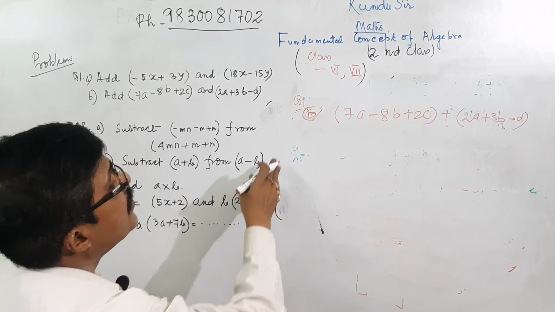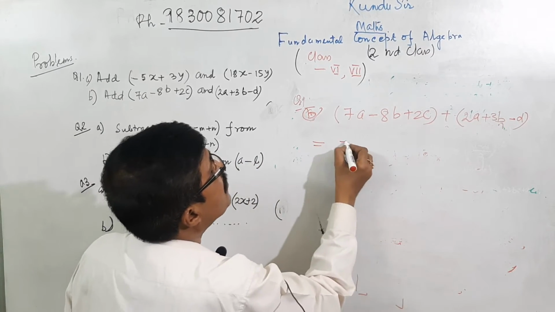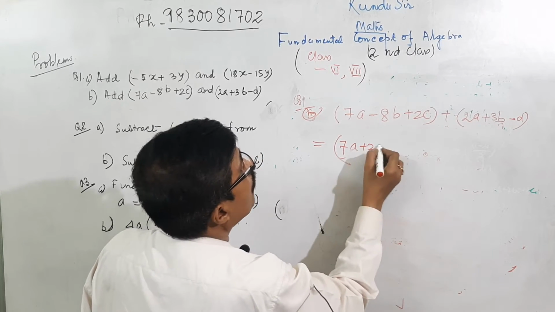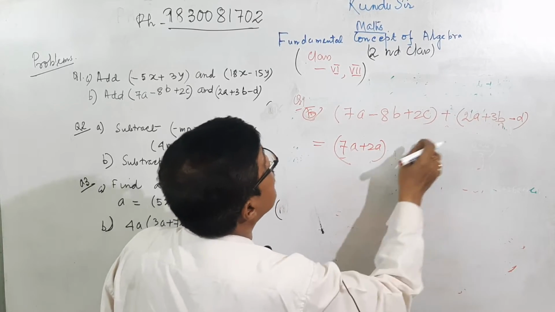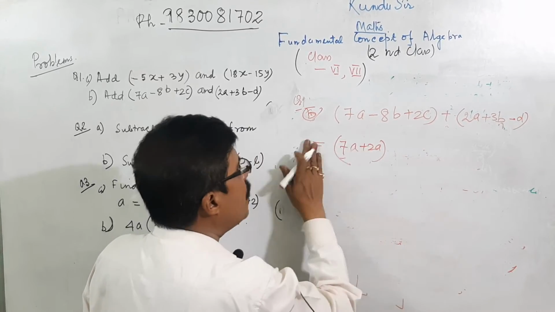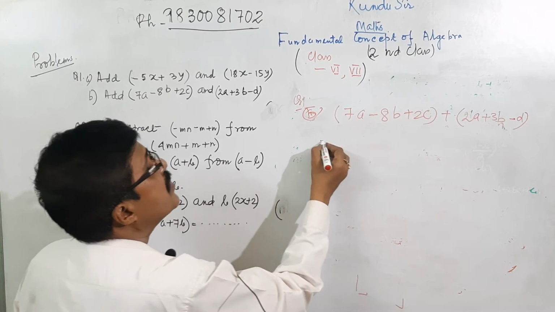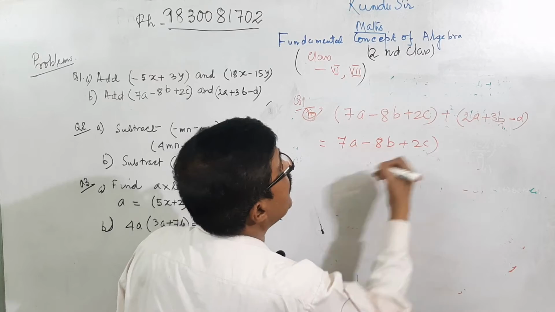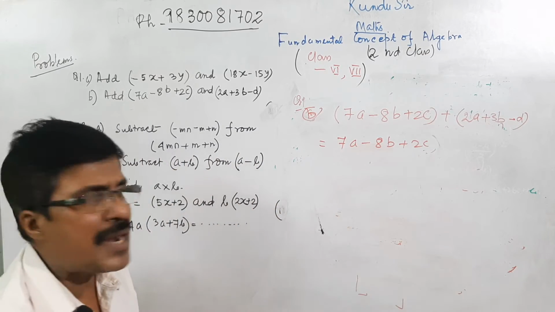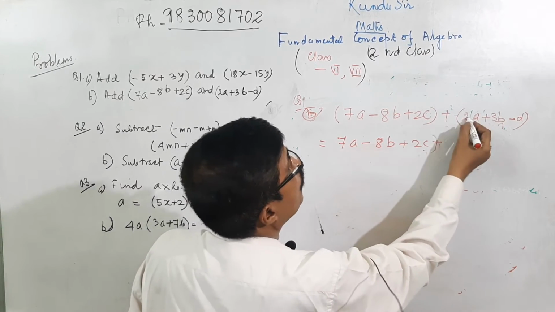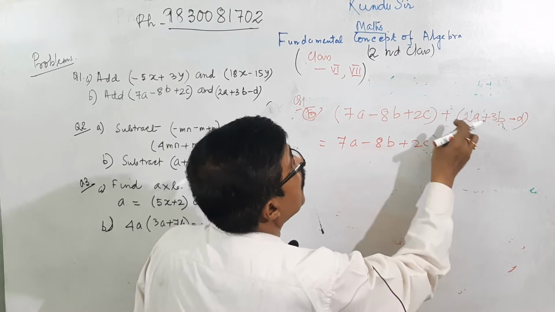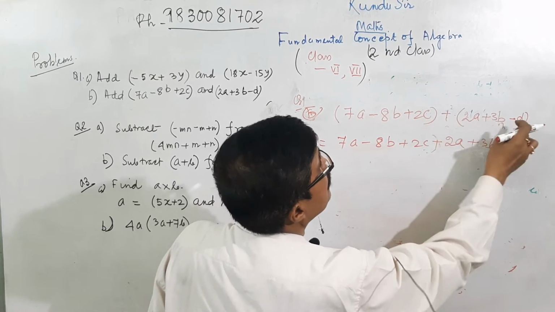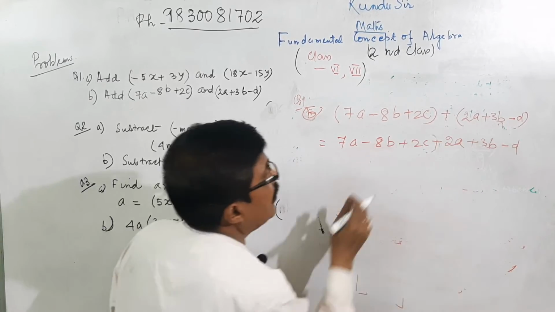So what will we write? We arrange the same terms, 7a plus 2a, because it is plus into plus. So first of all, we can remove the bracket. It is 7a minus 8b plus 2c, and there is a plus, plus into plus equals 2a, plus into plus equals 3b, plus into minus equals d.